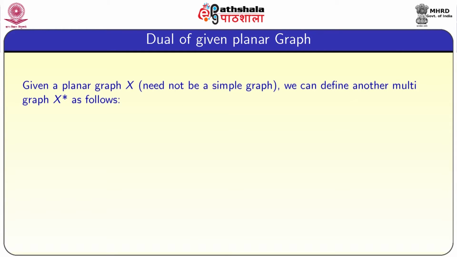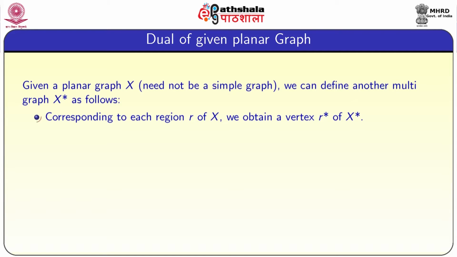Now we define another important concept, that is the dual of a planar graph. Given a planar graph X, we can define another multigraph X star as follows. Corresponding to each region R of X, we obtain a vertex R star of X star.